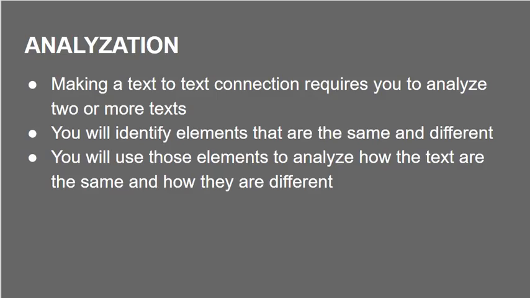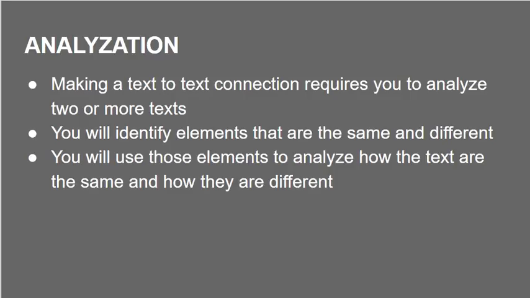Now let's talk about analyzation. Becoming a person who reads text and analyzes it is a very important part of your critical reading skills. It is very important as you continue on from these grades forward to have critical reading skills.